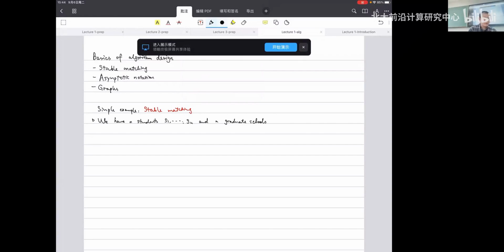Because we are talking about graduate schools, let's represent them by G1 to Gn. In general, graduate school application is super complicated, but let's consider a simplified problem where each school admits exactly one student.